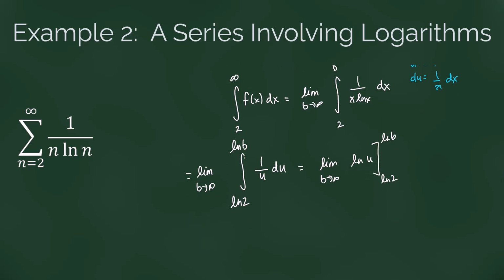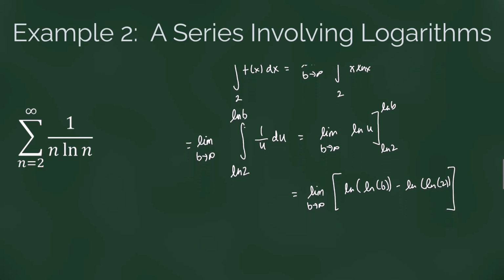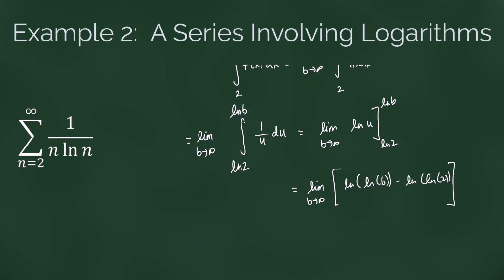A little bit of a strange looking result. We have the limit as b goes to infinity of the natural log of b minus the natural log of 2. But we know that as b goes to infinity, its natural log becomes unbounded, and therefore the natural log of that value is also going to become unbounded.